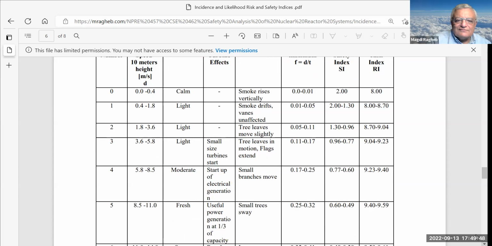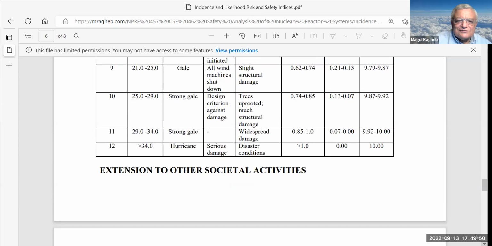So the 2 columns, actually, I discovered just now, should be interchanged. At the hurricane level, which is the maximum value, you get that the risk is 10 and the safety level is 0. So it meets intuition if we switch those 2 columns.